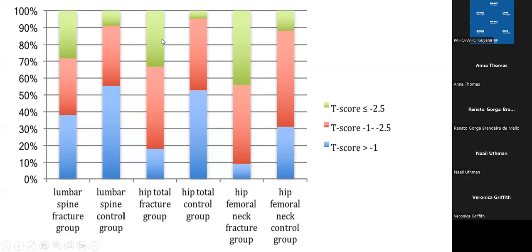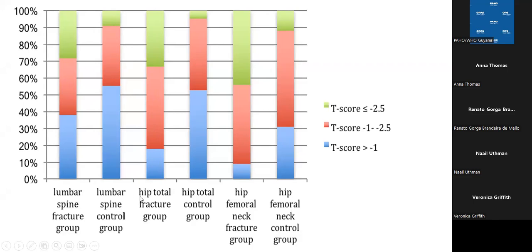Yes, osteoporosis is a risk factor for fracture. There's no doubt about it. However, it is also possible to confirm that most fractured patients do not have osteoporosis, as you can see here.